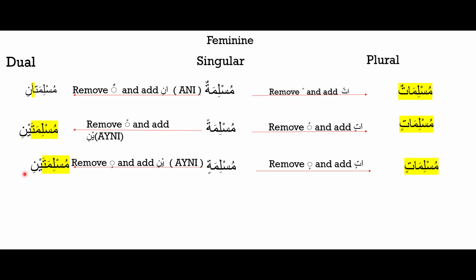Muslimaini is the masculine dual, but muslimataini is the feminine dual. Anyways, we are not dealing with duals here. This was just for you to compare these two, and right away you can know that plurals are going to have the ending atun, atin, atin, and duals are going to have taini. So this is how we make feminine sound plurals.